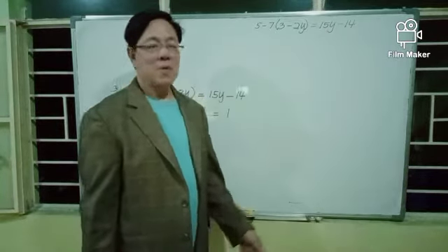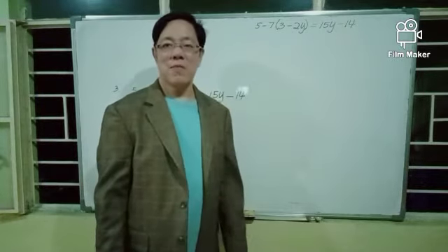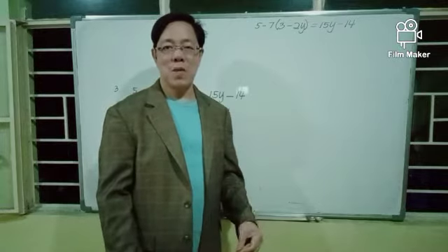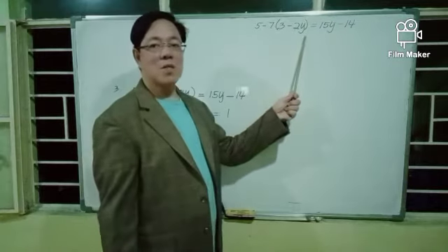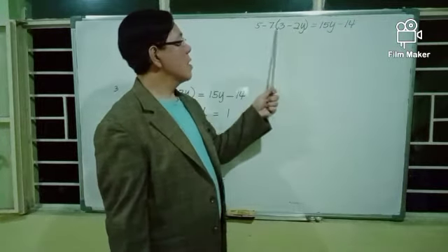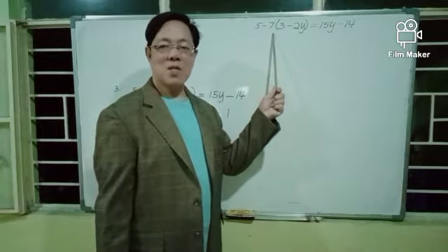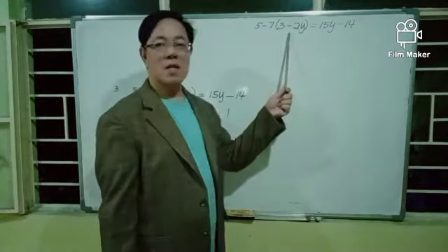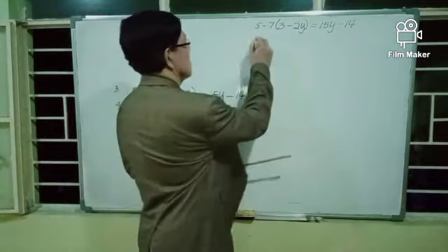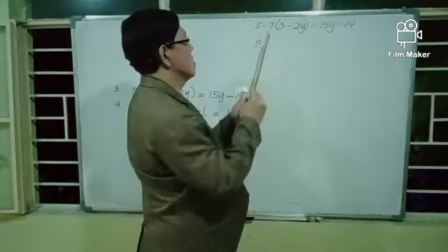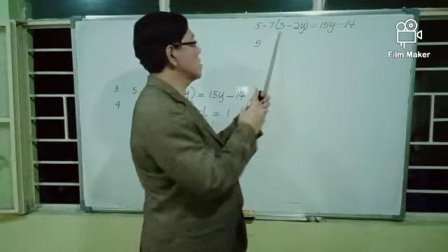If you find grouping symbols in a given equation, the first step is to remove first the grouping symbols. Such as in this case, we remove the grouping symbols by multiplying each term of this binomial by negative 7. And that's the property of multiplication over addition or subtraction. We have 5. Distribute negative 7 multiplied by 3 is negative 21.